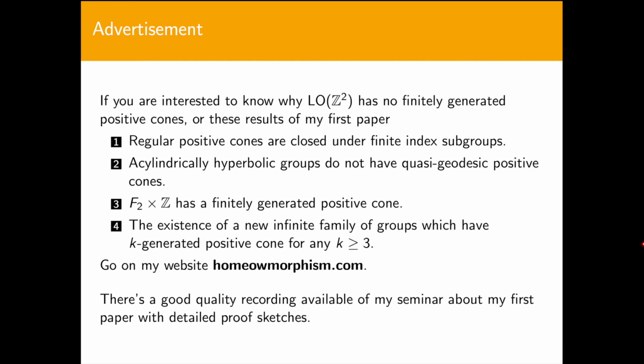Now let me do a bit of advertisement. If you didn't get enough of this and you're interested to know, for example, why L of z squared, the space of leftovers of z squared, has no finitely generated positive cones, I display the results in my first paper.